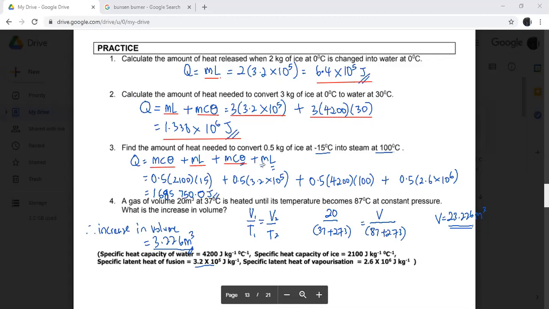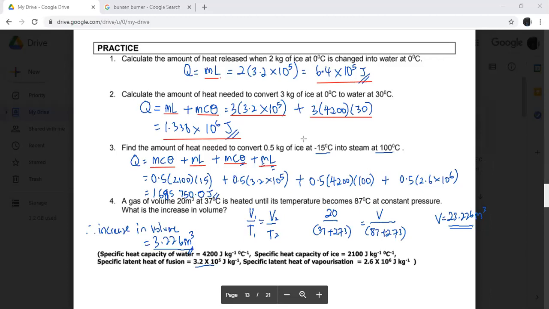Then finally at 100 degrees Celsius, all the water is boiling, becoming steam. So mc theta plus ml plus mc theta plus ml. So you get the whole thing. That's the answer, 1685750 joules.